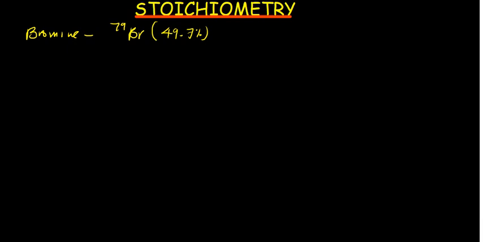Let me also put the proton number, 35. You also have bromine 81. The abundance for this one is 50.3%. The proton numbers are all the same. So when you get a sample of bromine, you are going to find bromine 79 and bromine 81.